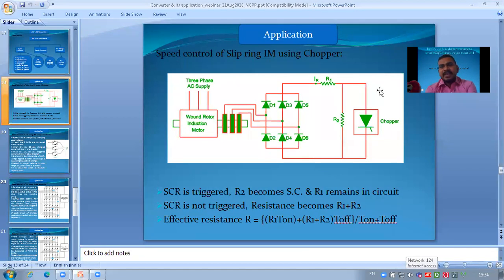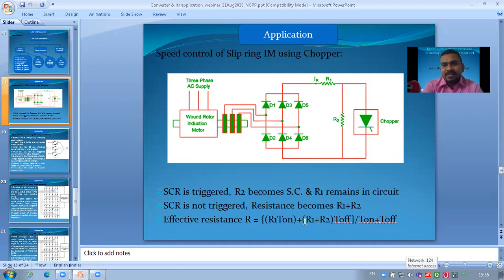When this SCR is off, this is the series connection of R1 and R2, so the resistance becomes R1 plus R2. So during the T off time period, the resistance is R1 plus R2.